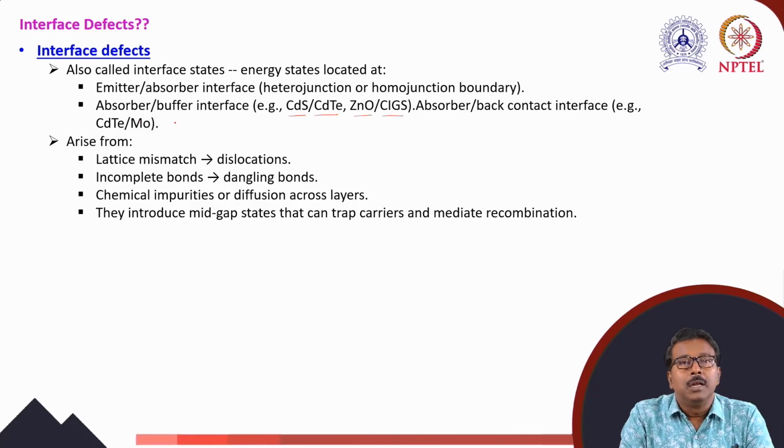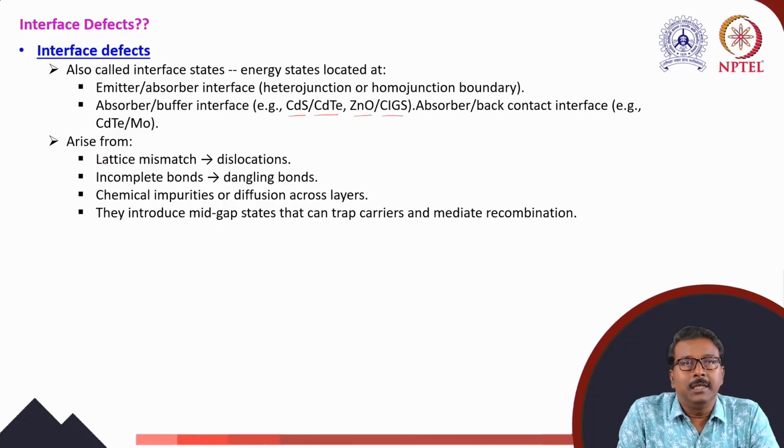Sometimes we use a buffer layer between emitter and absorber. In that case also, we may have some interface between absorber and buffer. Sometimes between absorber and back contact, some interfaces are there, and that interface also may have some energy states. So interface states means the energy states located at the interface between two different materials.